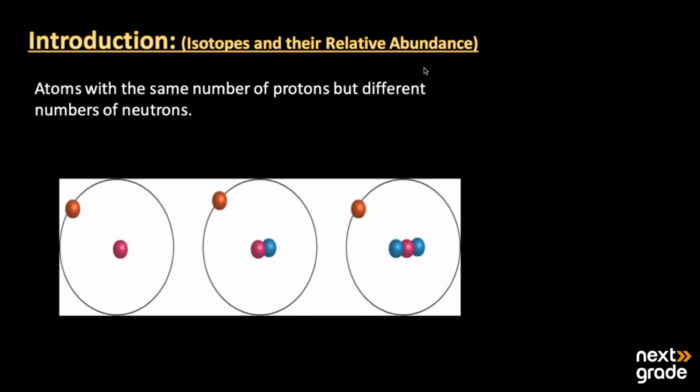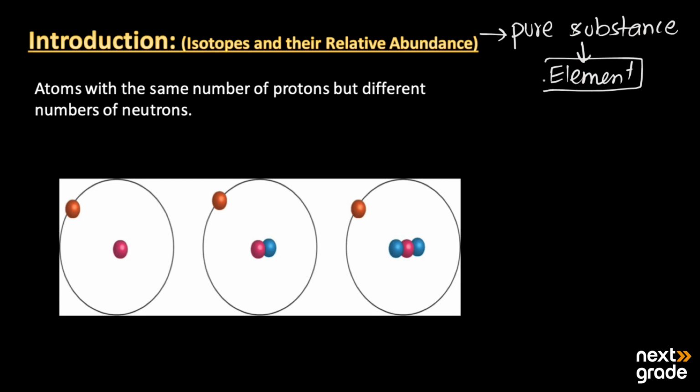In today's video, we will discuss isotopes and their relative abundance. So, isotopes. When we look at any pure substance, it is mainly an element, and an element consists of the same type of atoms.